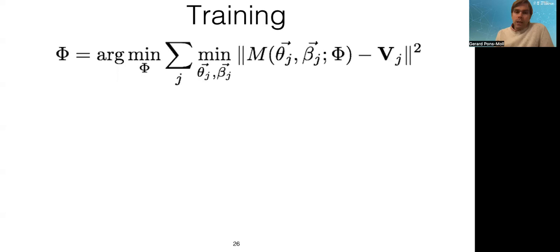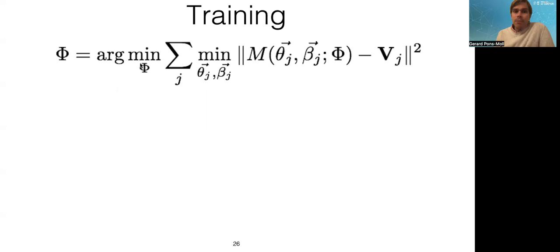So assuming registrations V_j, these are the registrations, which have the same number of vertices as the vertices that the SMPL model outputs, M. Then we can minimize the following objective function, which I briefly showed in the previous lecture.